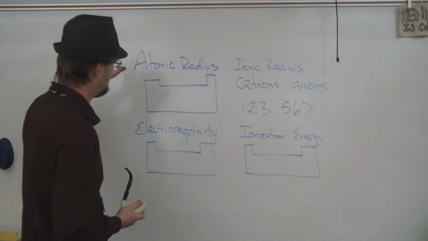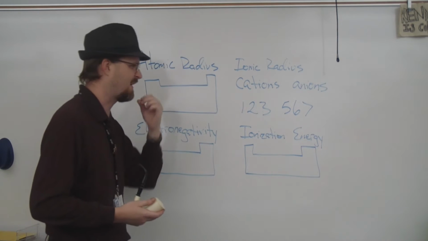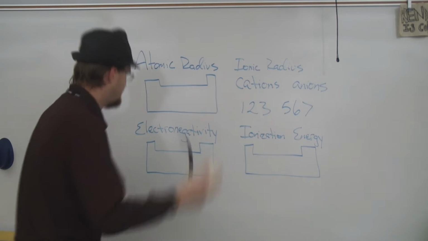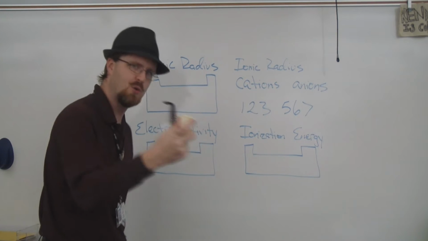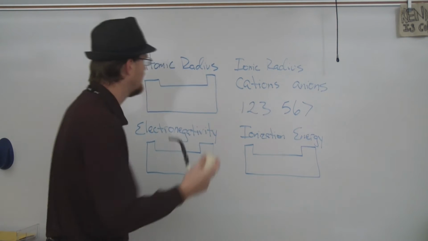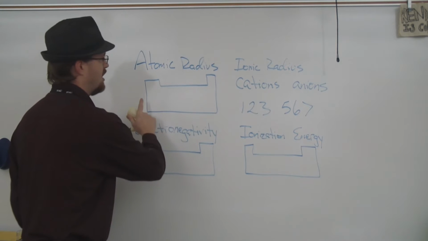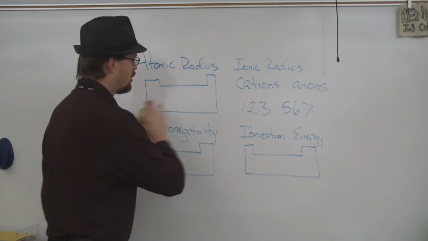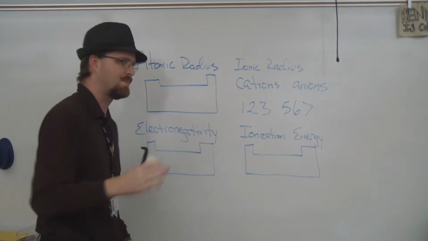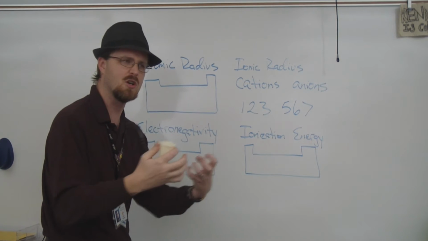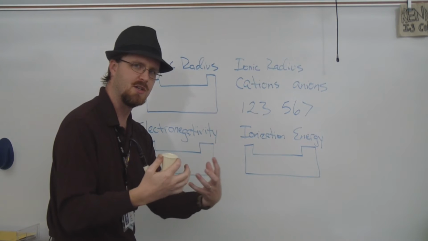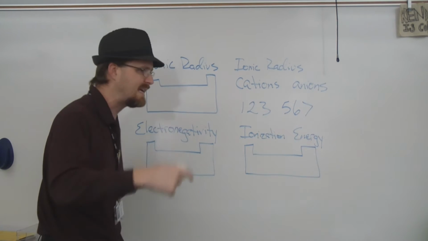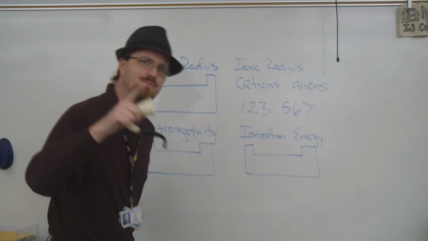Alright, so we start with atomic radius, which if I recall is the size of an atom. Yes, and using the clue that we found in the last scene, we know that the proton pull increases to the right as you go across the period, which means that the protons are getting stronger and pulling harder and harder on those electrons, thus making the atom smaller.